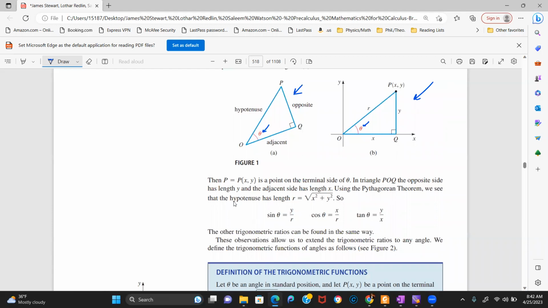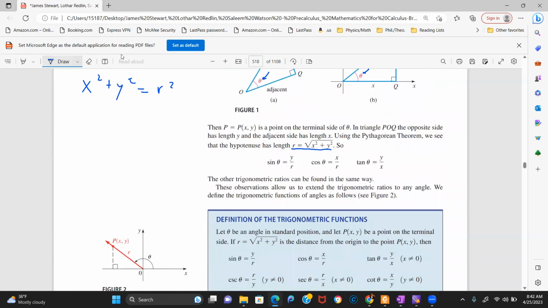By the Pythagorean theorem, the radius is given by this, because x squared plus y squared is equal to r squared. So you just take the square root of both sides, and that gives you this length right here, the measure of the hypotenuse.